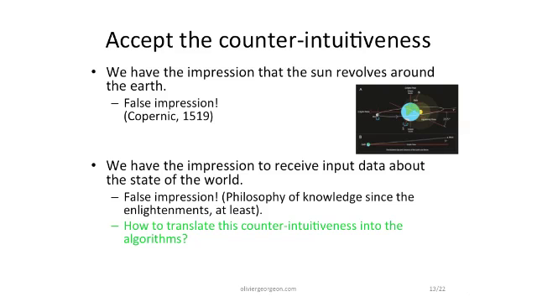It is a little bit like the counterintuitiveness of the revolution of the Earth around the Sun. As we know since Copernicus, intuitively we observe that the Sun seems to revolve around the Earth, but we know that it is the opposite.